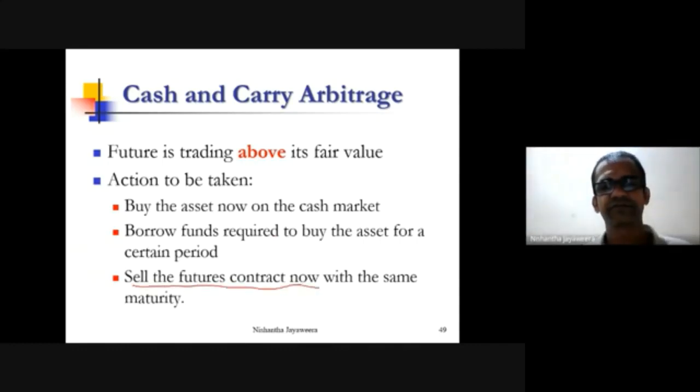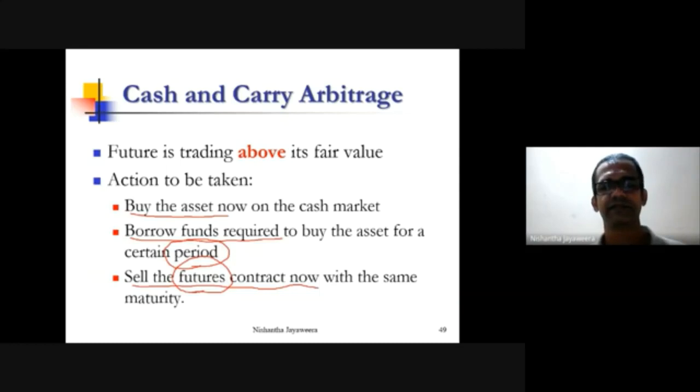now, and borrow the required funds to buy the asset, and buy the asset. Whenever you do this, the tenors have to be the same for the borrowing and for the futures contract.